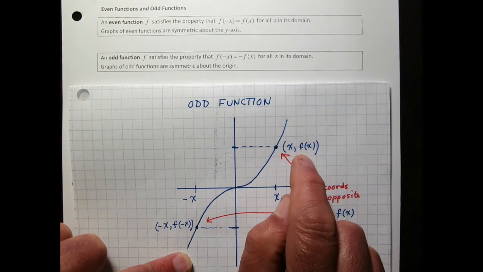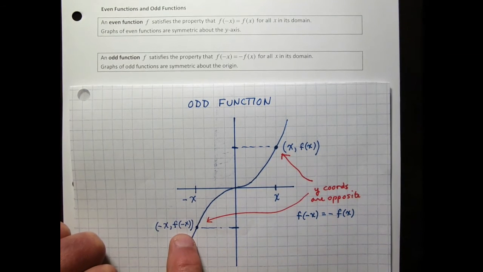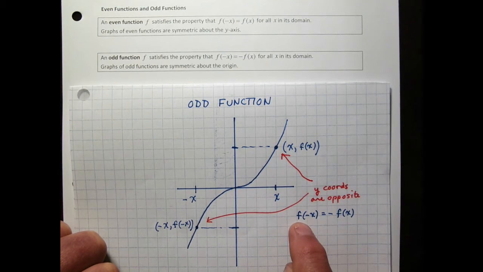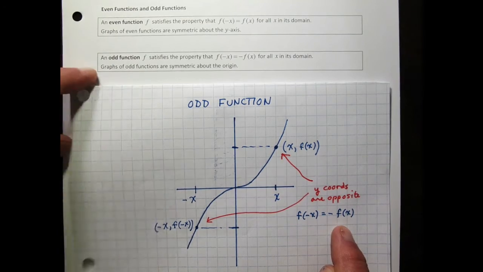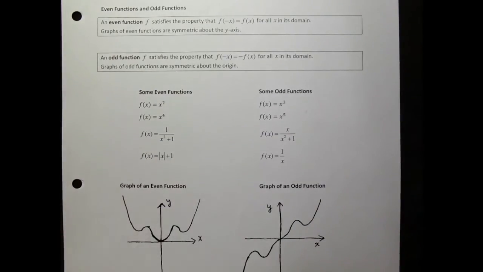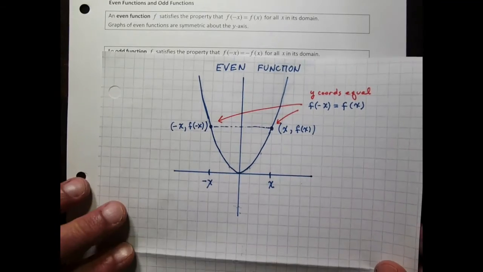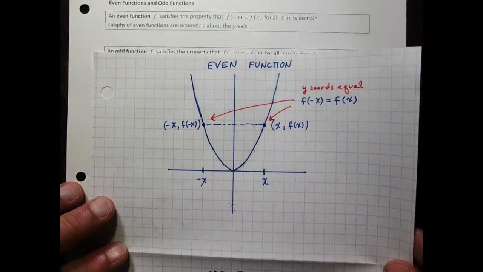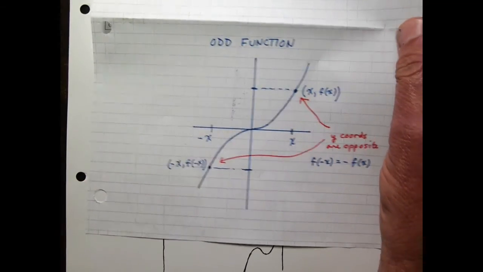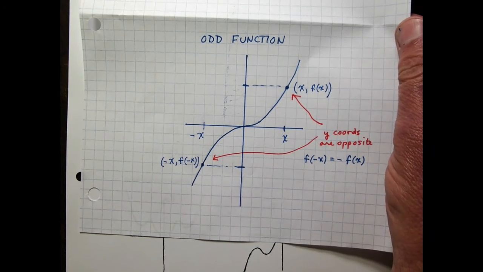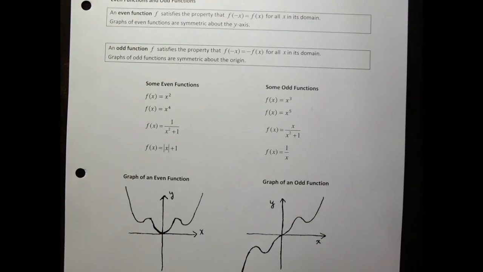So the f of x for this point and the function value for this point, which is f of minus x, are opposites. That's what this equation is saying. F of minus x is the opposite of f of x. F of minus x is minus f of x. So these two pictures sort of sum up the situation with an even function and an odd function and what that f of x business is saying.